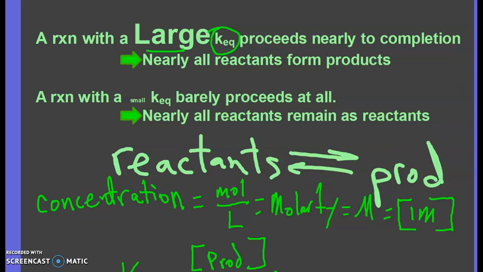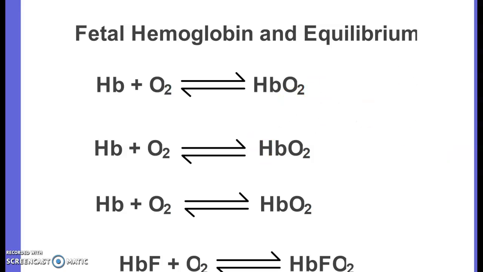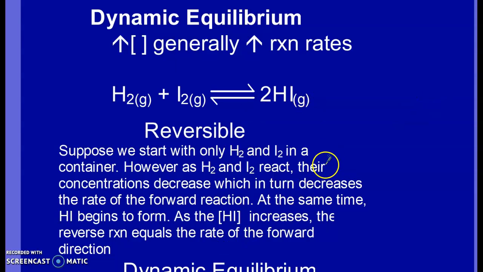Usually, sometimes reactions just go and they stop. You can measure how long it takes. You can measure how far it will go. That's thermodynamics. Kinetics is how fast it goes. We're talking about equilibrium, though. A lot of times some reactions are in what's called dynamic equilibrium, where they are moving.